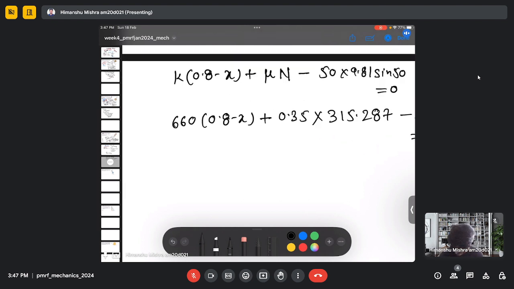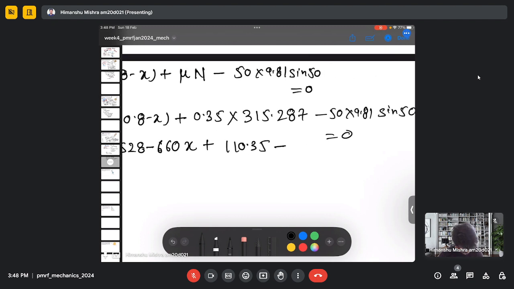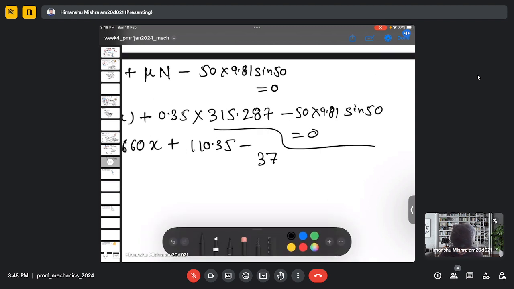So here we have 528 minus 660x plus 110.35 minus 375.744 equal to 0.